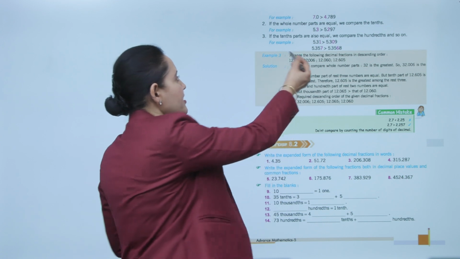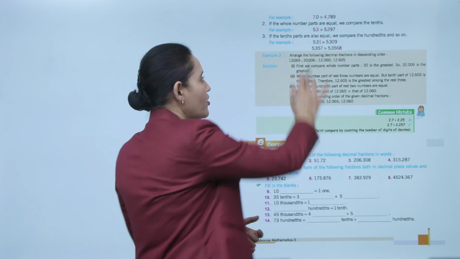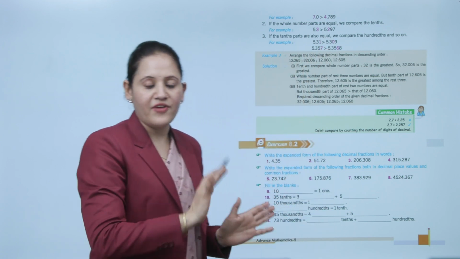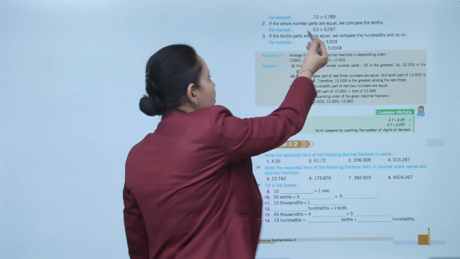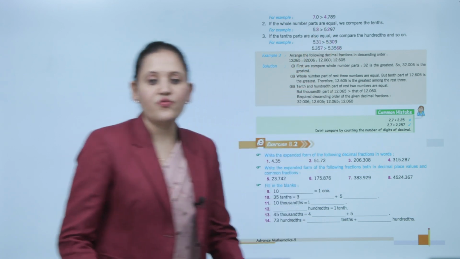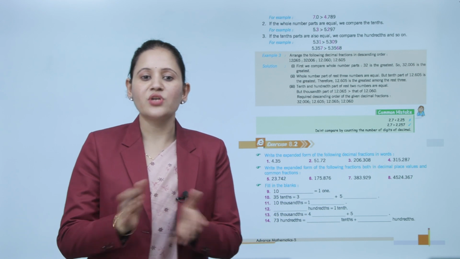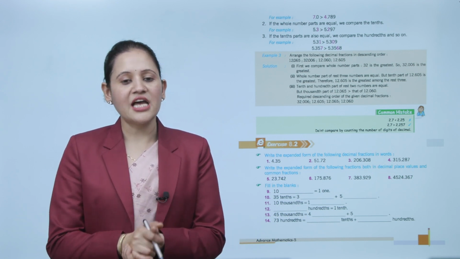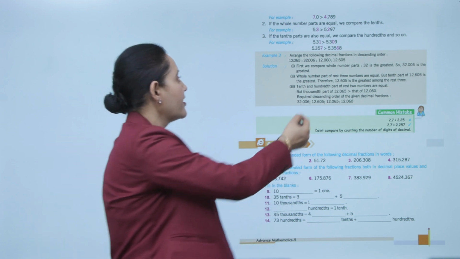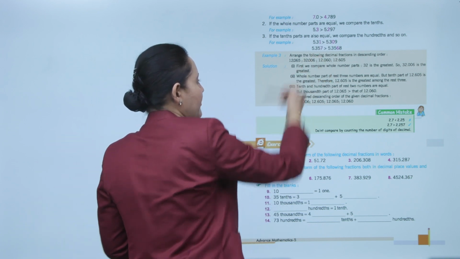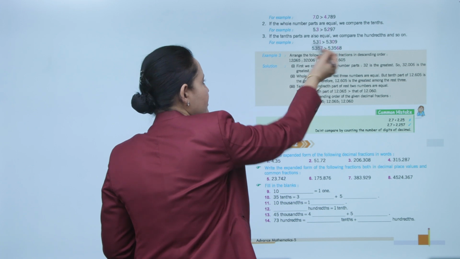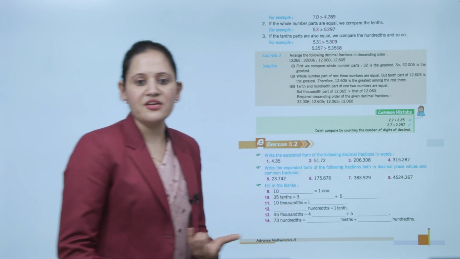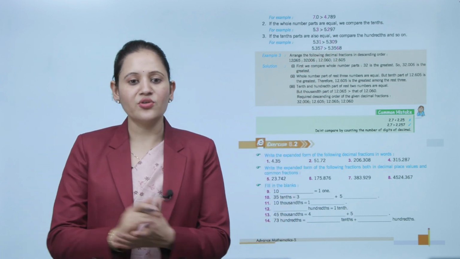Like here, 5.3 and 5.2. So, whole number part is the same, 5 and 5. So, at the tenths position here it is 3 and here it is 2. So, 5.3 is greater than 5.297. If the tenths part is also equal, compare the hundredths and so on. Like here, 5.3 and here 5.3. After that you have 1 here and 0 here. So, 5.31 will be greater than 5.309.